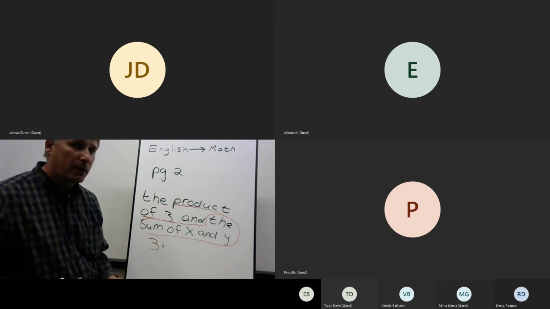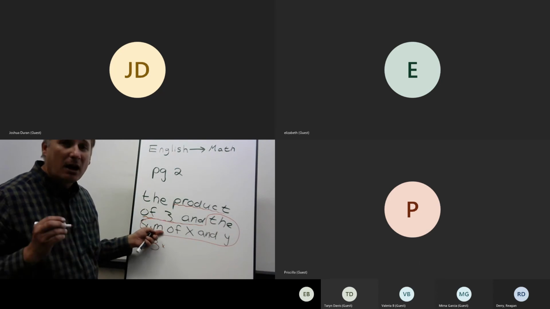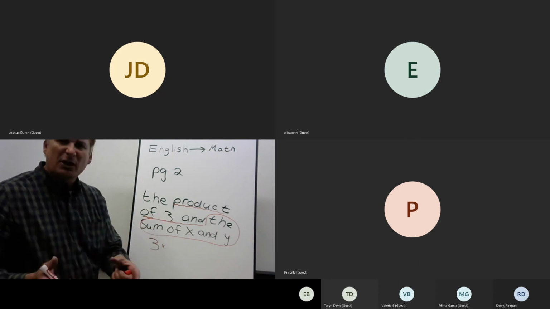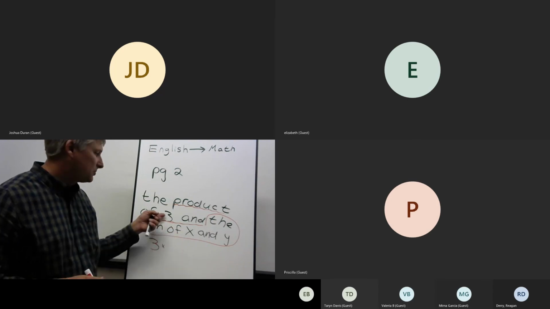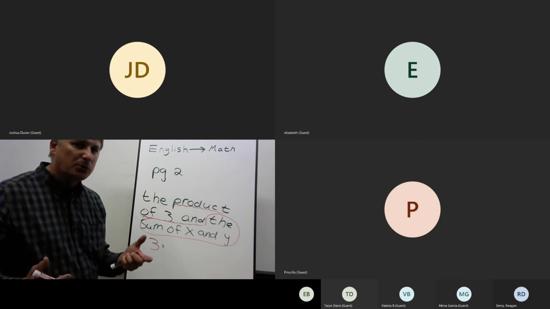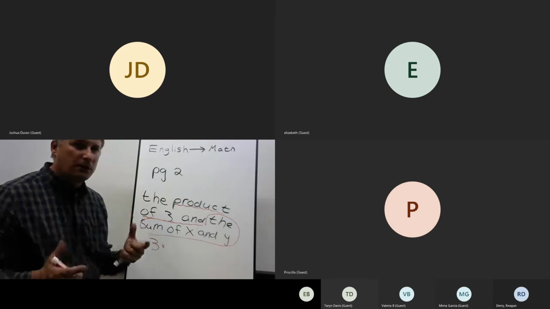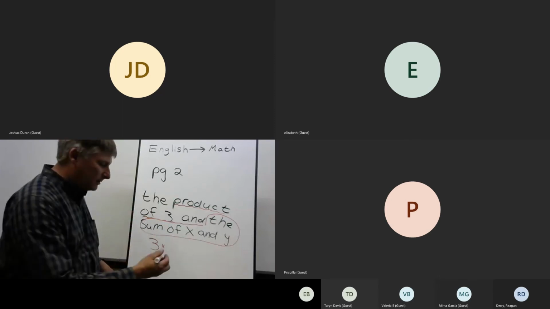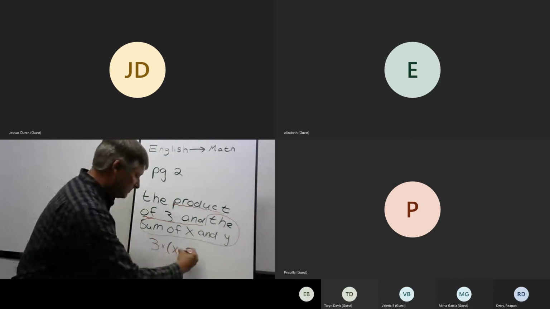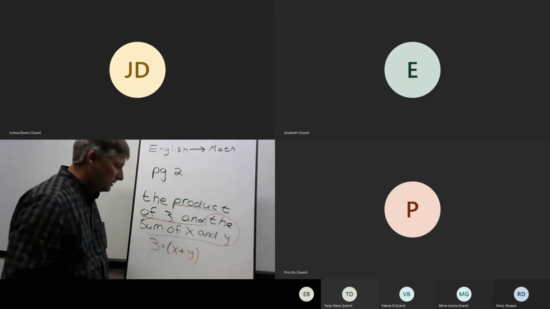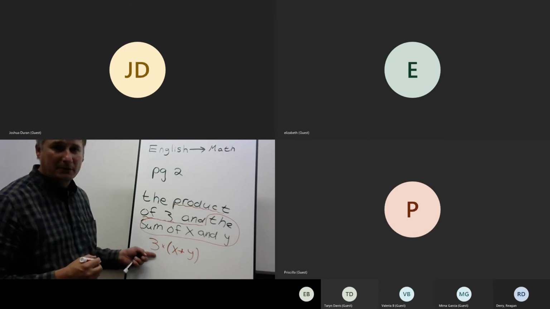We want to be careful how we write this. We're multiplying 3 to the entire sum of x and y, not just part of it. We're not just multiplying 3 to the x and just 3 to the y. 3 is multiplied to the entire sum. That means we need to compute the sum first. And the way we do that is we put it in parentheses. This says, compute the sum first, then multiply it to 3.